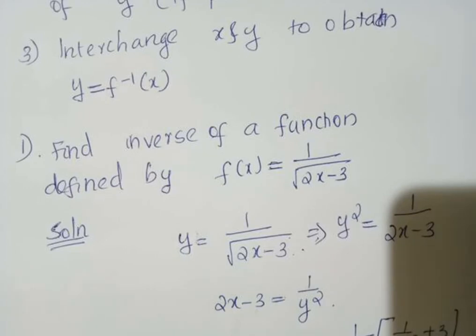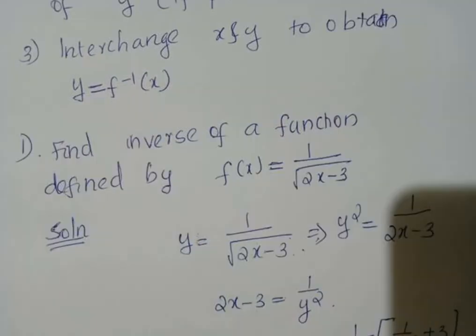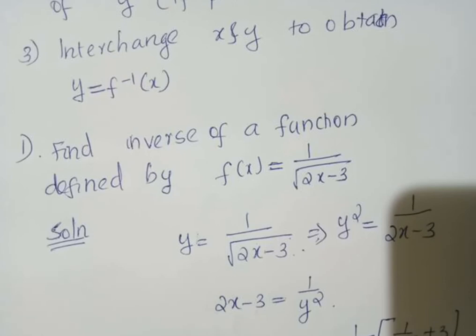Or this can be written as 1 plus 3y square over 2y square.